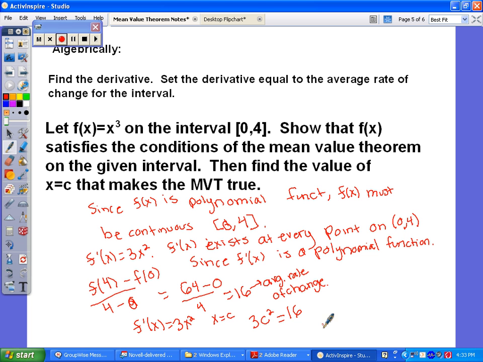So c squared is equal to 16 over 3, and c is equal to the square root of 16 over 3, which is 4 over the square root of 3. And to find the exact value, we can put it in the calculator. And if you do that, we get 2.3094. Okay. So this is the value of c that makes the mean value theorem true. And this is how we solve a problem algebraically.